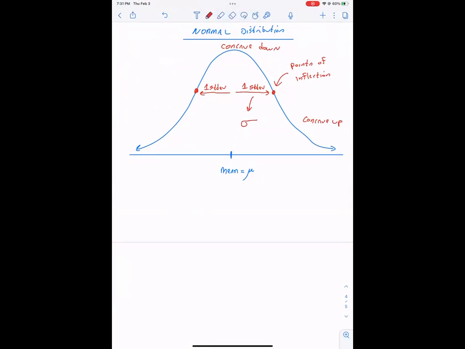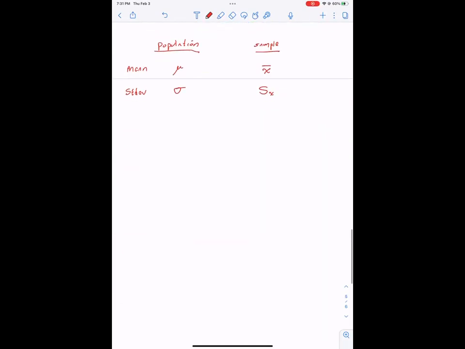So let's compare and contrast. For the population, the mean is mu and the standard deviation is sigma. For a sample, the mean is x bar, and the standard deviation for the sample is S, or S sub x. Notation-wise, very different because they mean very different things.